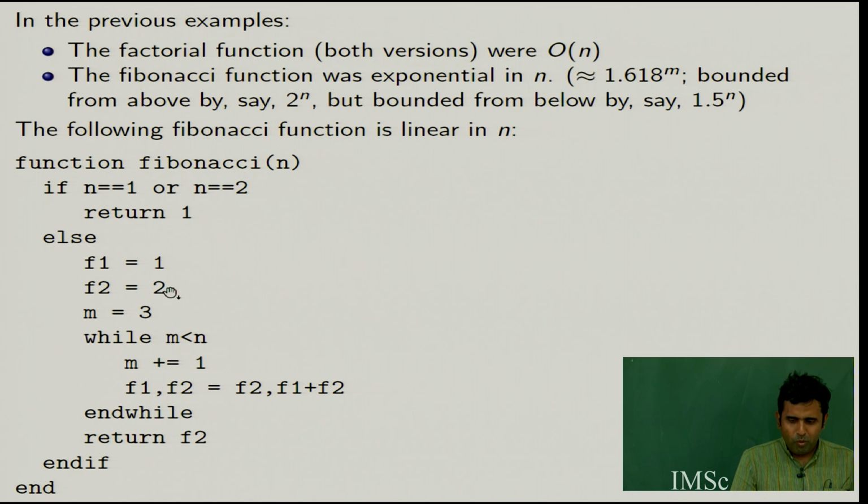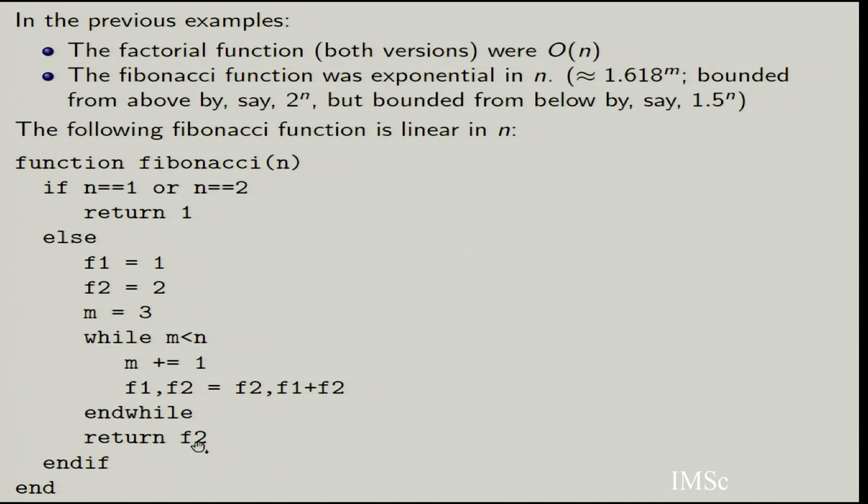So, f2 will be 3. If I call it with a greater value, it will keep incrementing m while updating these values f1 and f2. So, f2 is going to be the Fibonacci number you care about and f1 is going to be the previous one. And this is just shorthand for saying update both of them. Some computer languages accept this and some do not. And after this is done, you return f2 and this runs in linear time.